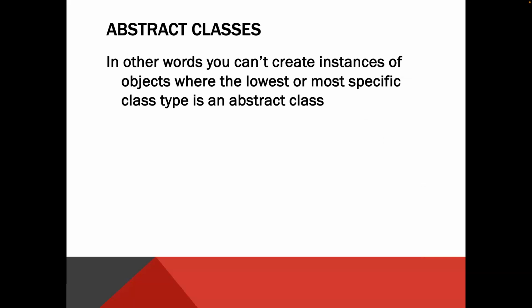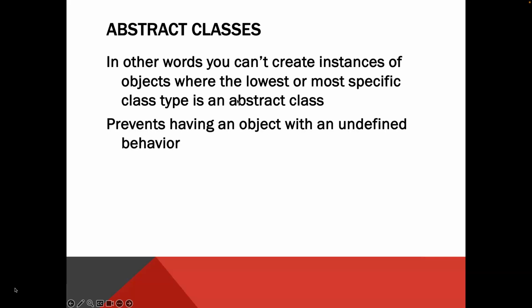You can totally have the declared type be an abstract class. Remember, the declared type is what shows up on the left side of the variable. But on the right side of the equal sign, you can never use an abstract type. This is going to prevent us from having an object with undefined behavior.